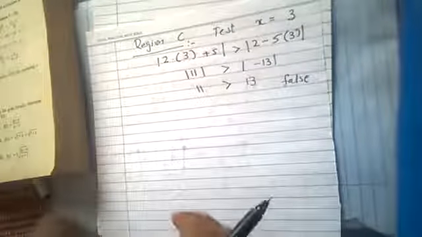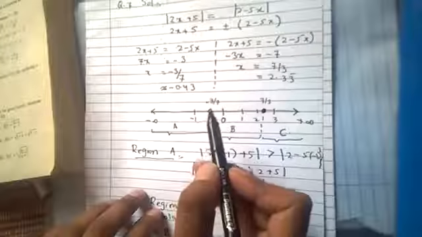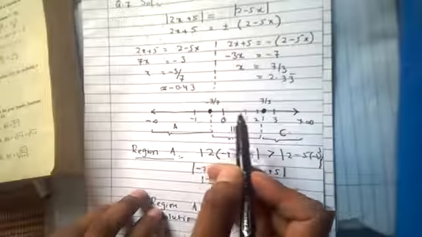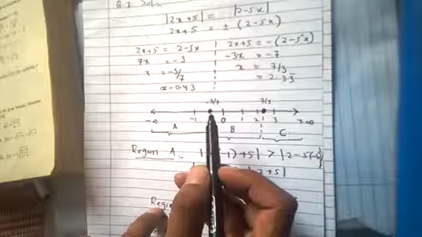Since only one region satisfies our inequality, that was region B, and only this region is in the solution set, and this region starts from -3/7 and it ends at 7/3. So the solution region is all of the points coming between this point and this point.